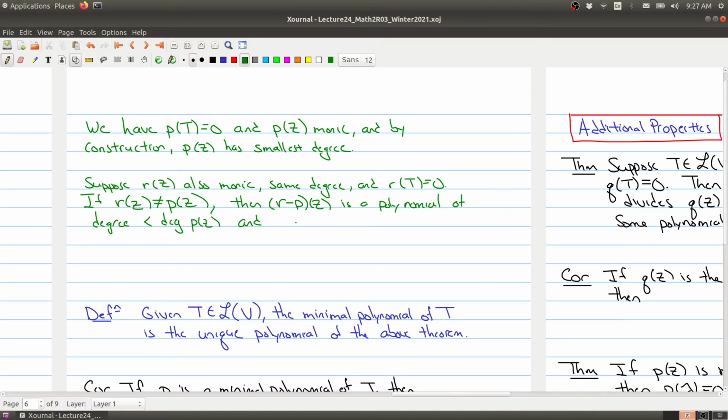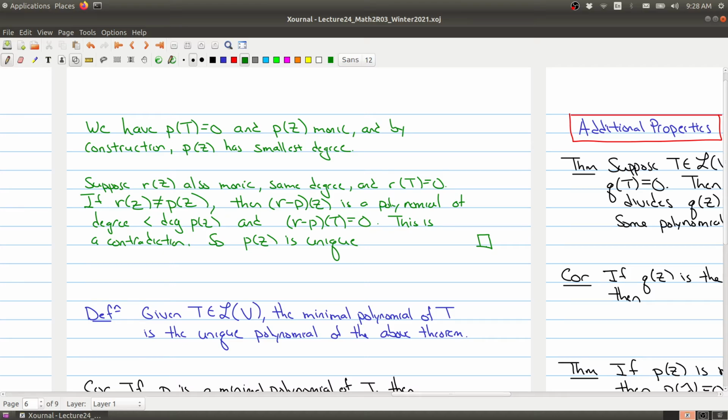And we have the property that (r minus p) evaluated at T is equal to 0. But this is a contradiction, because the way that we picked p was that it was the polynomial of smallest degree that had the property that when you plugged in T, you got 0. So this is a contradiction, and p(z) is unique.